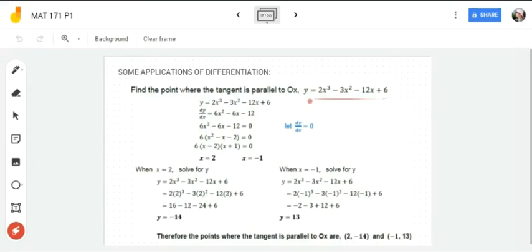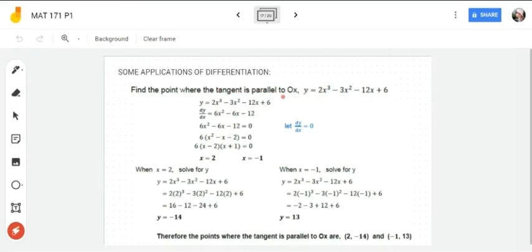After equating it to 0, you will get the value of your x coordinate. Then you will just simply substitute the value of your x coordinate into the original equation, and you will get your y coordinate, and then you will get the point where the tangent is parallel to the x-axis.